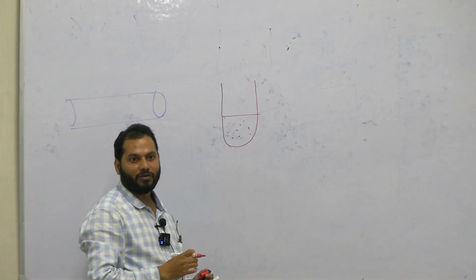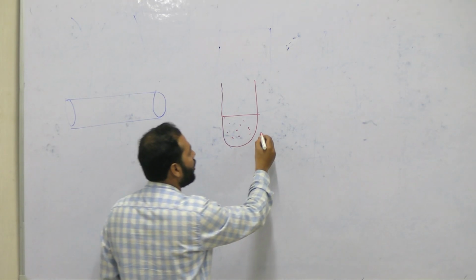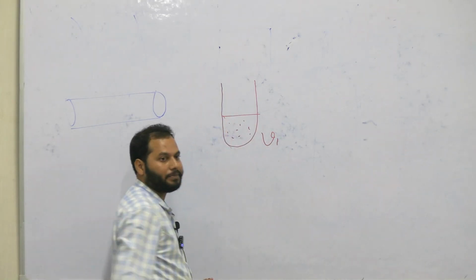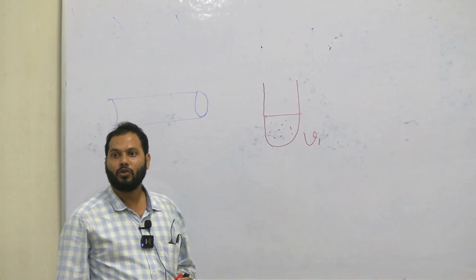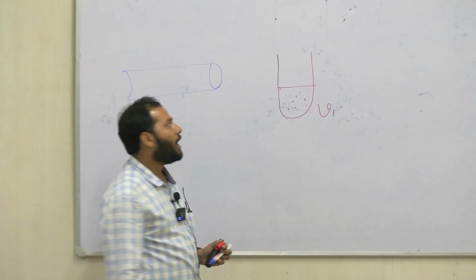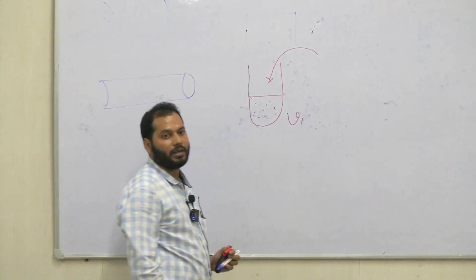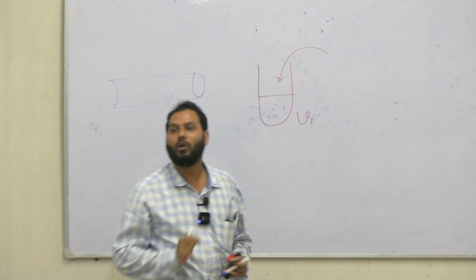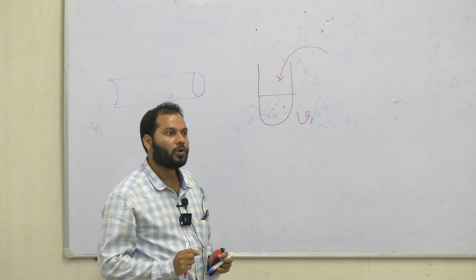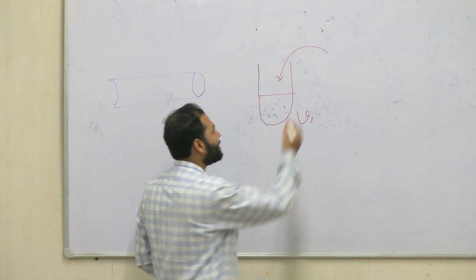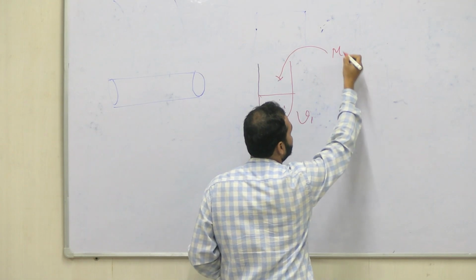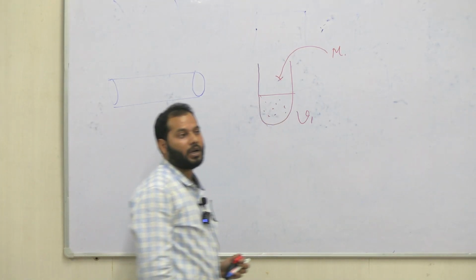Suppose in this test tube, we have a known volume of fluid, and we are using a certain amount of dye or indicator whose mass is known, that is m, right?